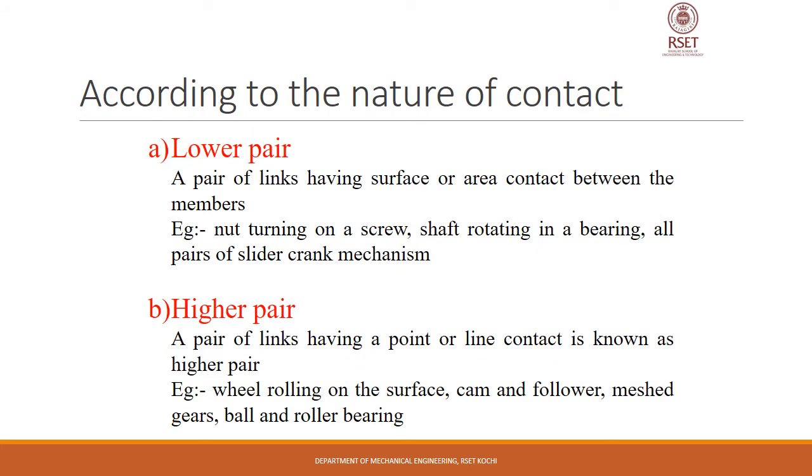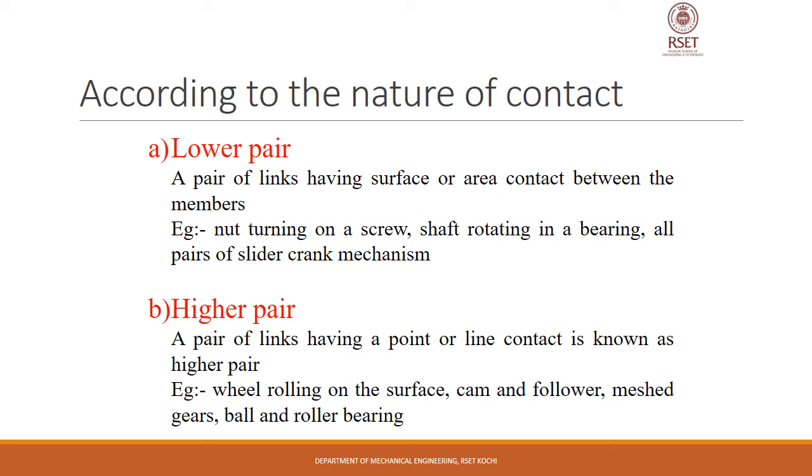This type of classification is based on the nature of contact. We can classify according to the nature of contact as lower pair and higher pair. So what is a lower pair? A lower pair is a pair of links which has a surface contact or area contact. The best example is a screw and nut.